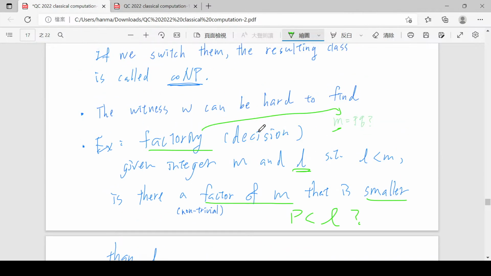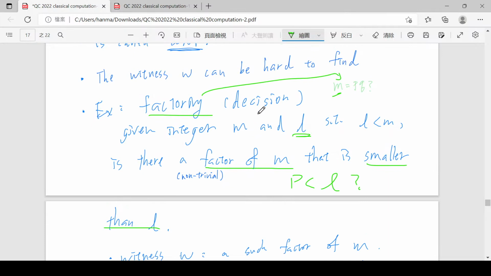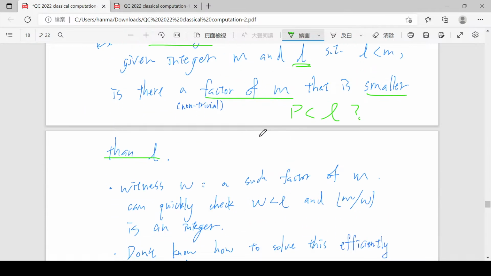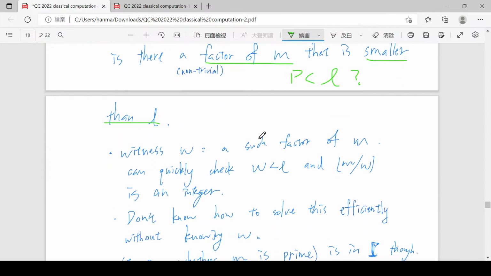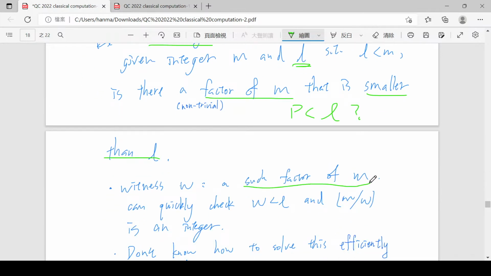Anyway, back to our NP. So why is factoring in NP? Well, now the witness is just this p.